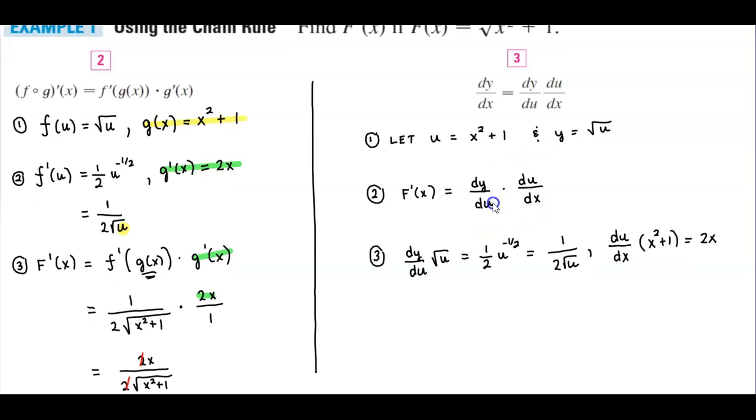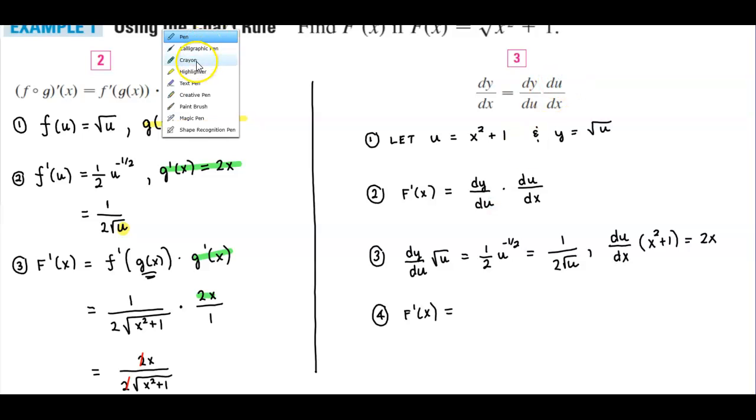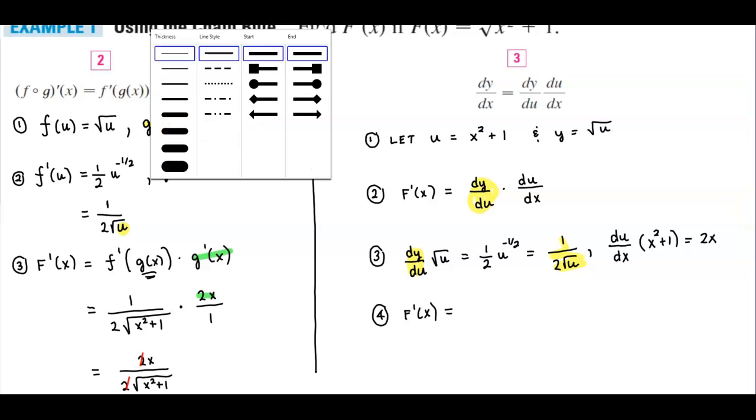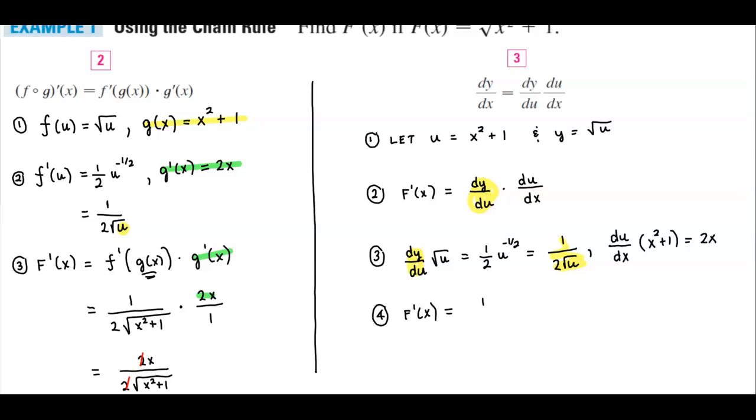So, as we stated up here, if we want to use that formula, f prime of x, well, what do we know about dy over du? Well, dy over du is equal to 1 over 2 times the square root of u. So we have 1 over 2 times the square root of u. Well, what do we let u equal? We know that we let u equal x squared plus 1, times du over dx.